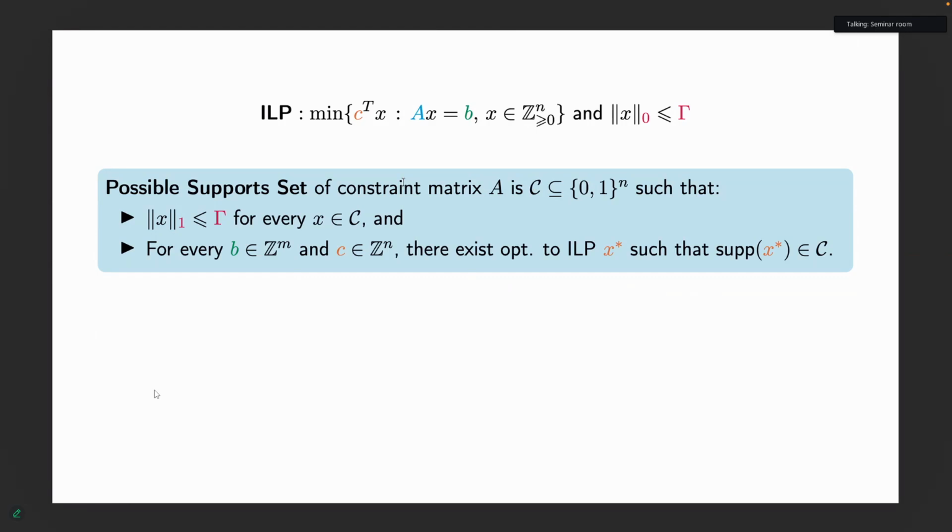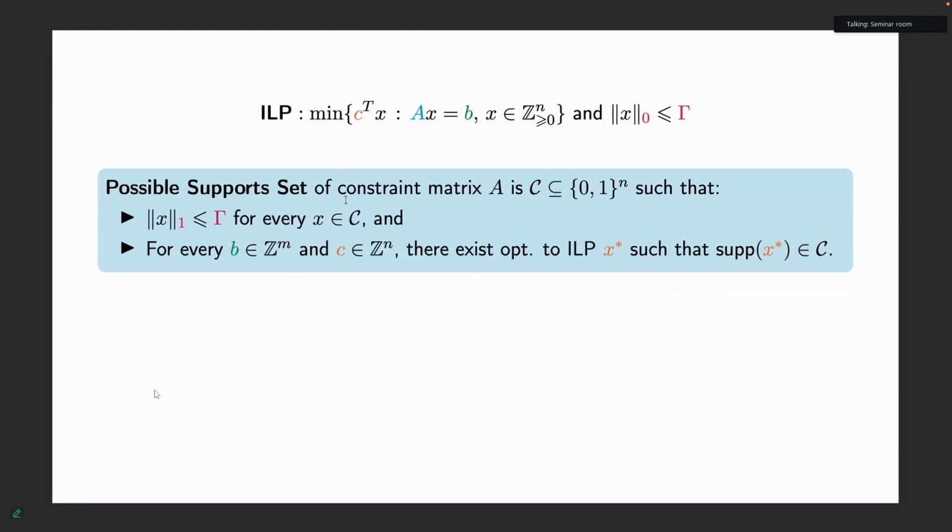It does not see anything about B or C. It works just by seeing A. So each of these vectors in this candidate support set will have a small L1 norm bounded by gamma. And for every B and for every C, there will be some optimum solution that has exactly this support.